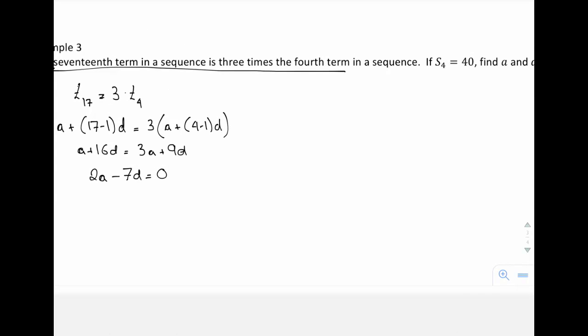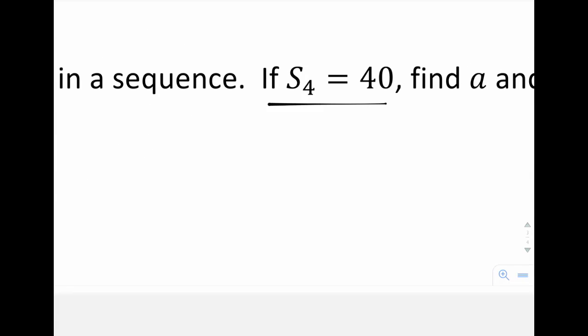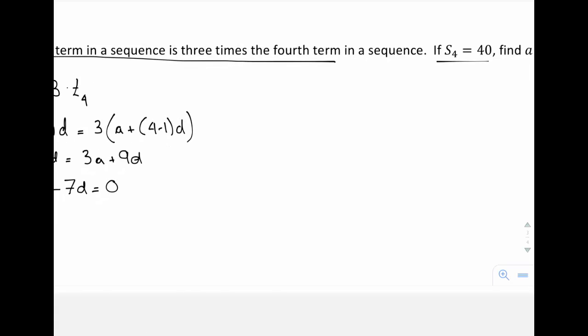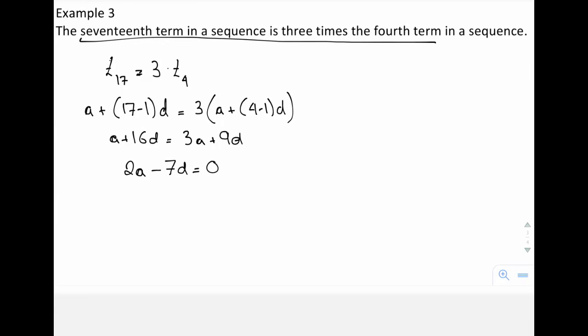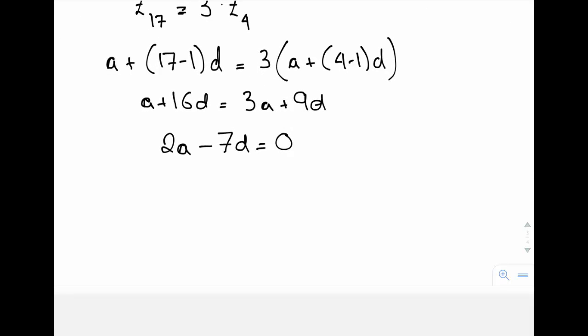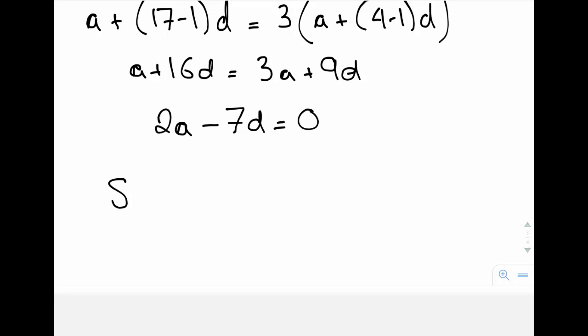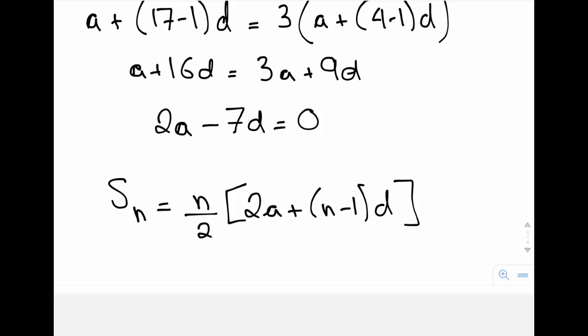The second one is that the sum of the first four terms is 40. So I'm going to use my summation formula here. I'm going to use this one here, Sn equals n over 2, open bracket, 2a plus n minus 1 times d.